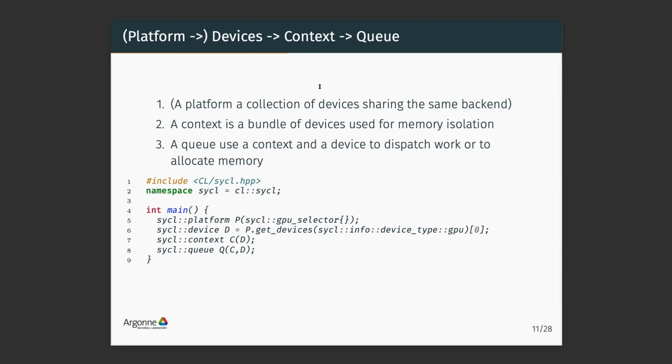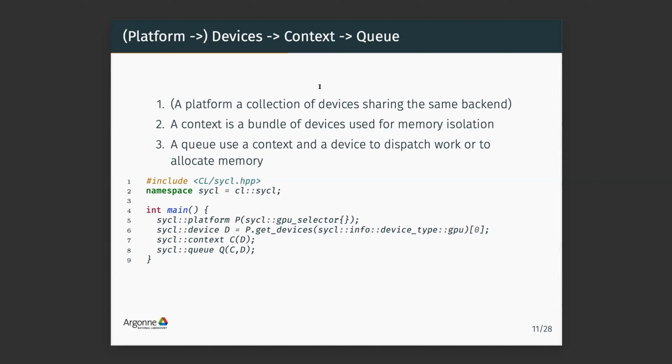They bundle all these backends differently on different platforms. Then on those platforms you have devices, and you can bundle these devices together in a context. The context is what does memory isolation, so it will be really important that a context is bound to memory. And then, with a context and a device, you can create a queue, and the queue is used to dispatch work and to allocate memory.